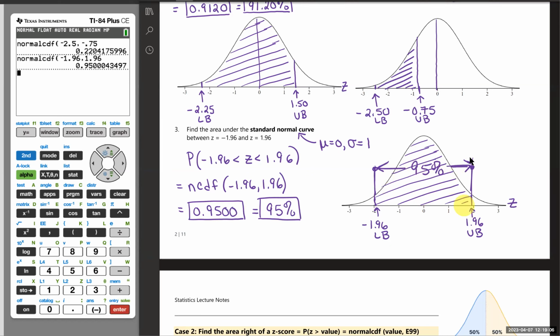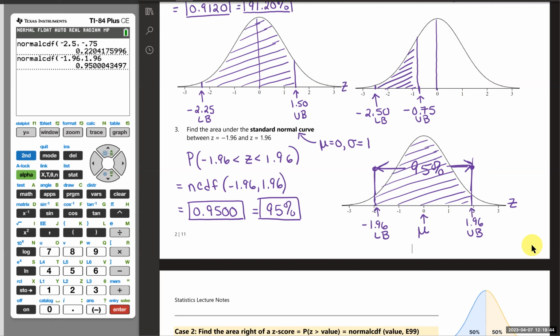We said that 95% of the data was within 2 standard deviations of the mean. Remember, the center here is the mean. These numbers aren't exactly 2, but with our calculator now, we're a little bit more accurate than before. In a prior chapter, I would have just called this negative 2 and 2. But about 95% of the data, that's still within 2 standard deviations of the mean.